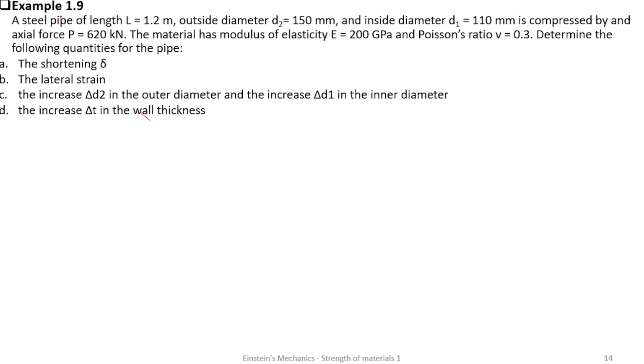Example 1.9. You should pay attention here because this example contains a lot. Still, I'll be running fast. You can go back and check again. A steel pipe of length 1.2 meters, outside diameter of the pipe D2 was 150, and the inside diameter, remember a pipe, something like this.